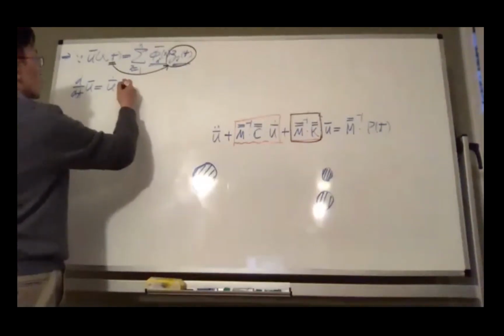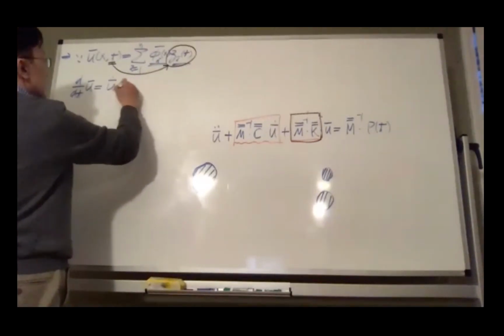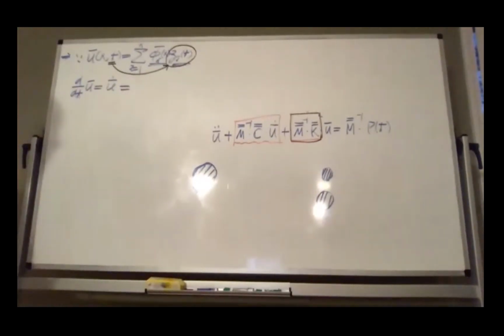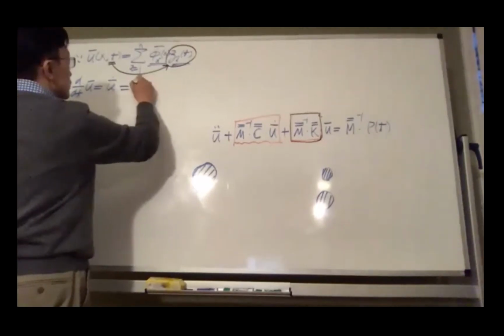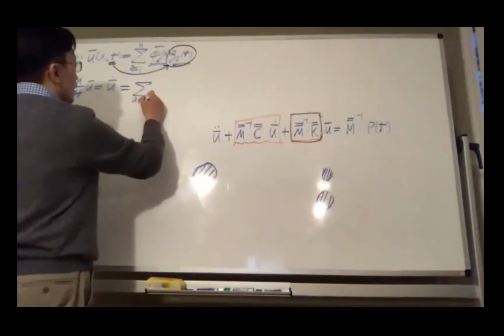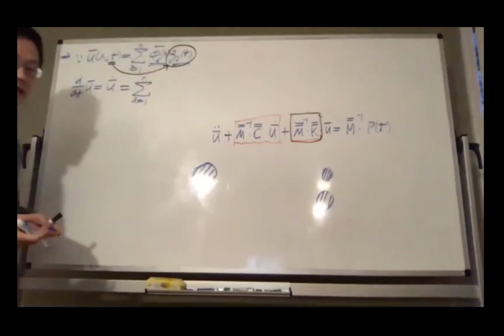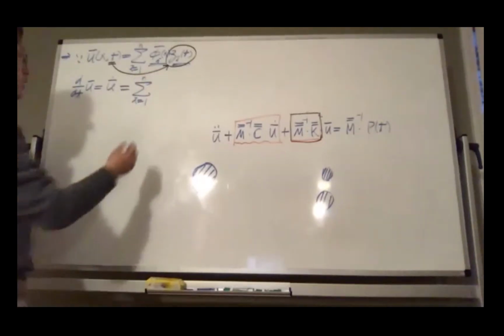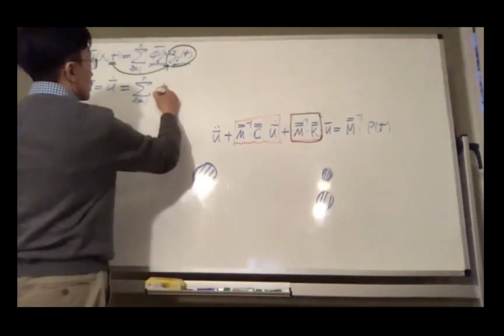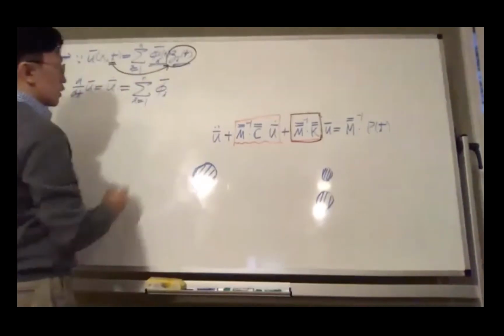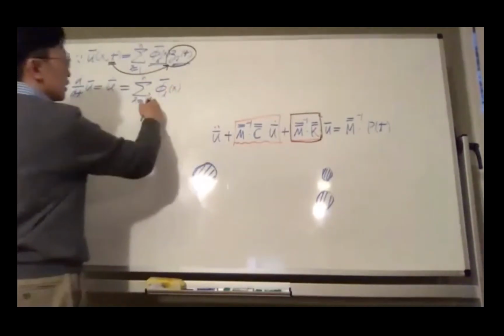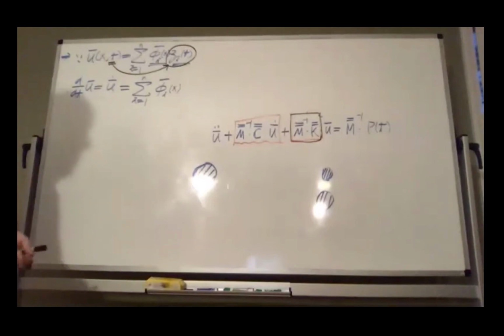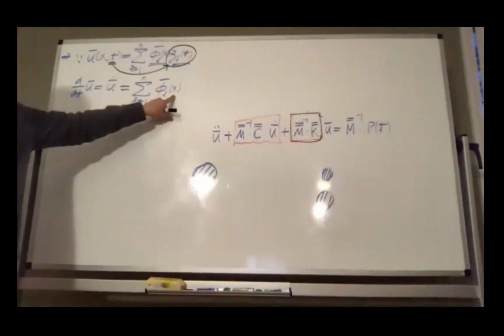Therefore, we can then write the expression for velocity vectors as this. It's still the summation from i equals 1 to n, where n is the degree of freedom, times the mode shape vector phi of x, which is unchanged because it's not time dependent.